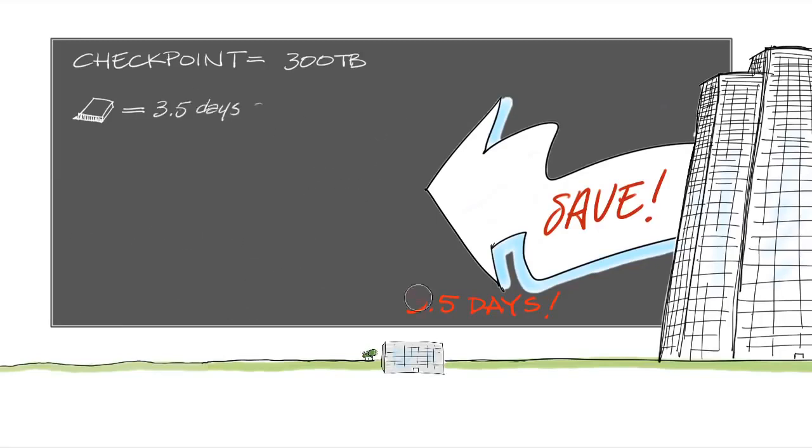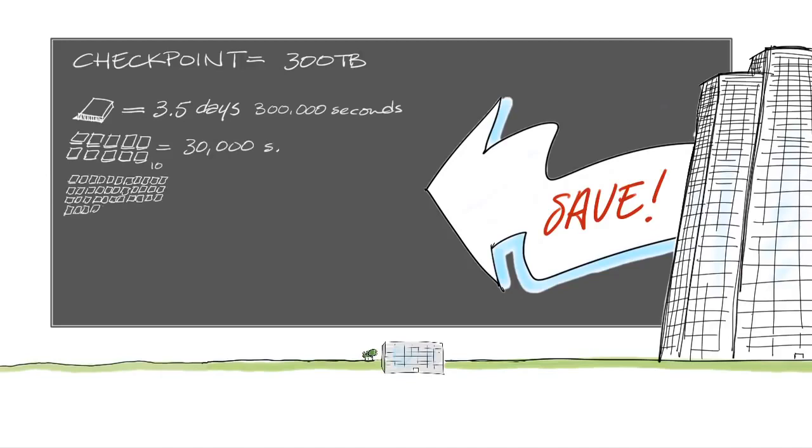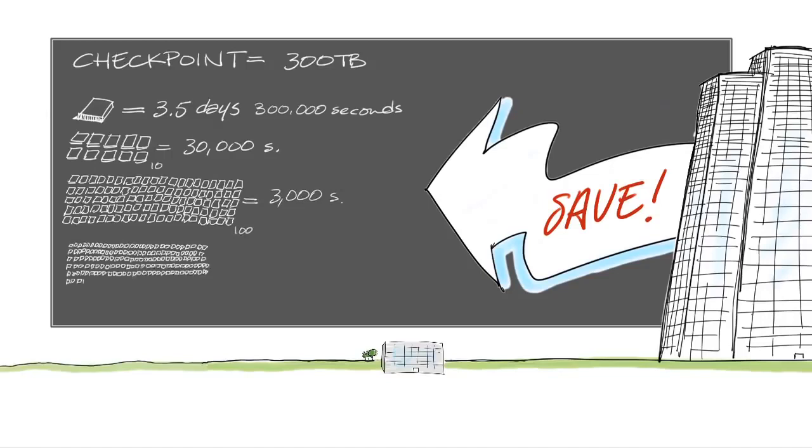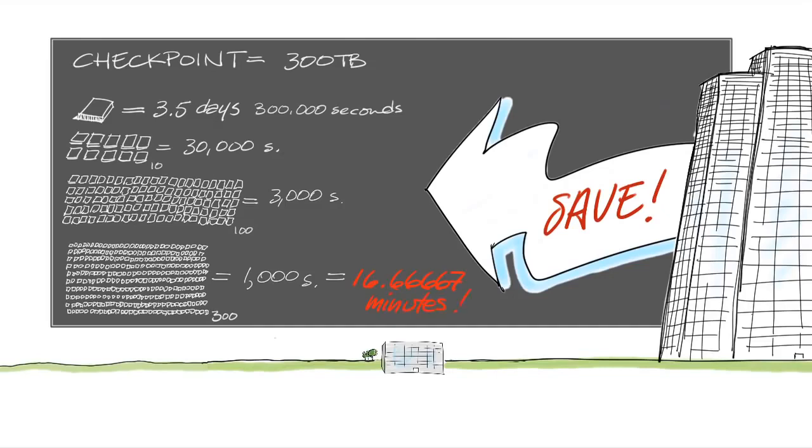So if we use 10 storage nodes instead, then it will take 30,000 seconds. And if we can deploy 100 storage nodes, it would take 3,000 seconds. And if we can deploy 300 storage nodes, it would take 1,000 seconds, which is less than 17 minutes, or 16.66667 to be more precise.